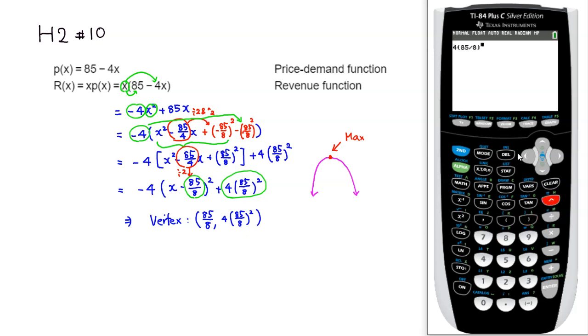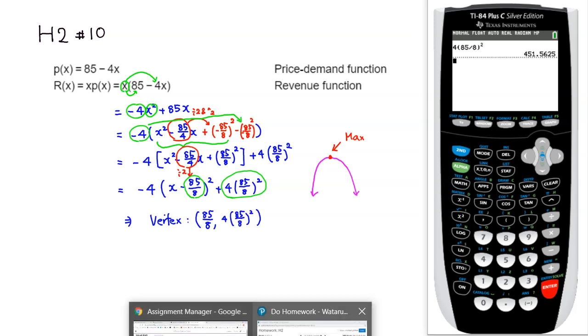Actually, I should have just put square there, but this is the same thing. All right, hit enter. All right, so it came out to be 451.5625, and so, all right, so let's type it in there.